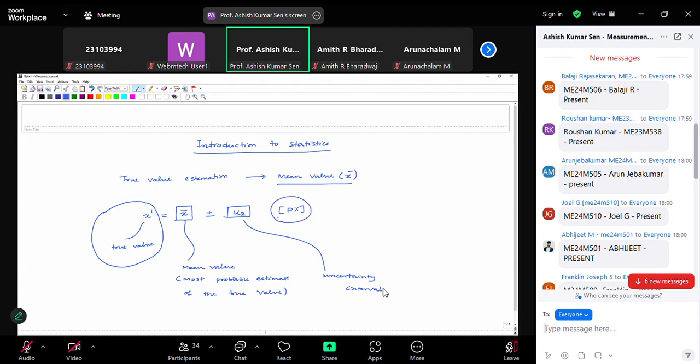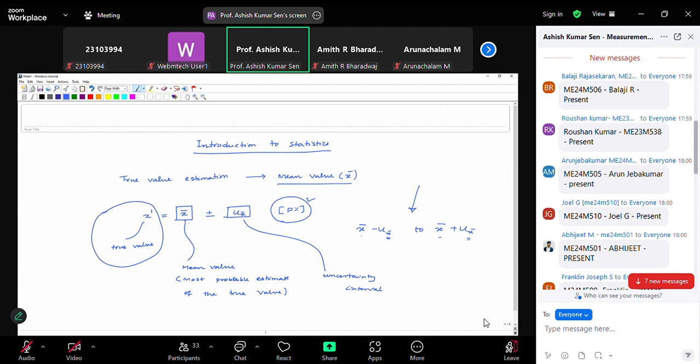That means we have an interval here, X mean minus U X bar to X mean plus U X bar, the mean value minus the uncertainty to the mean value plus the uncertainty. The probability that the true value will lie in this interval is P percent.